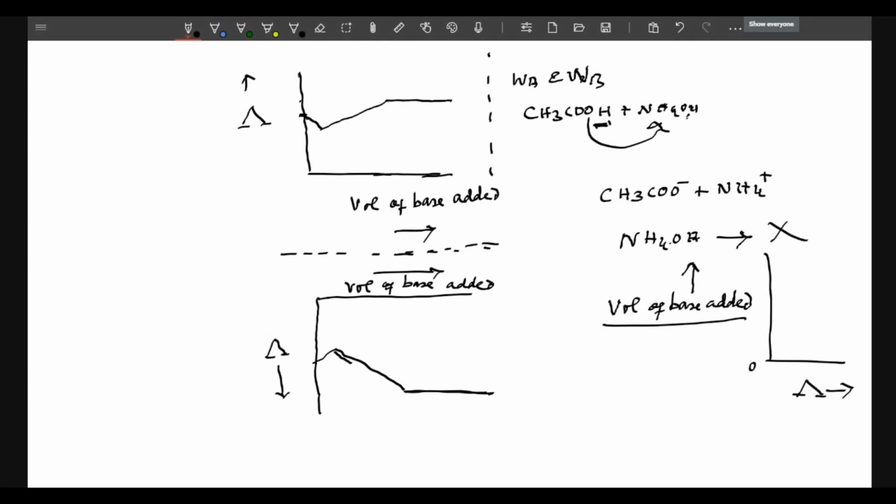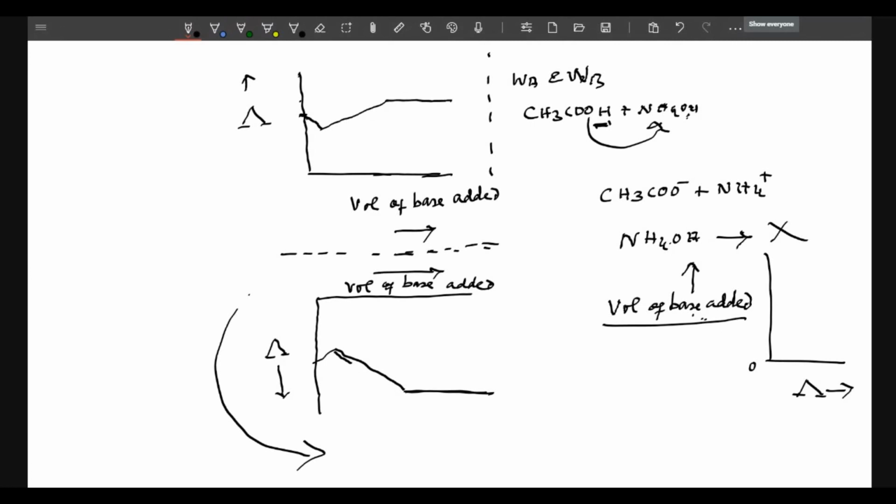You have to rotate the image anti-clockwise, or rotate your notebook anti-clockwise, and you will find this is the nature of the curve if the axes are changed.